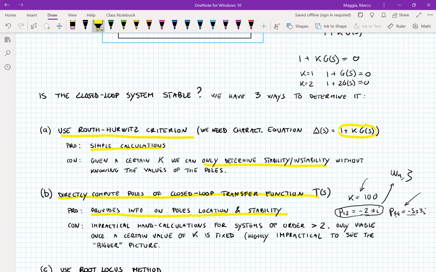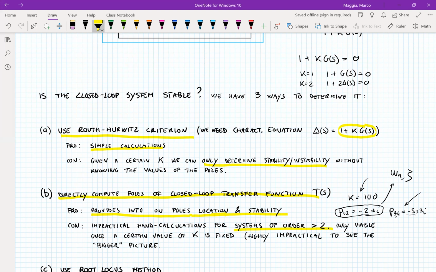And this is a big problem if you only have a pen and paper and you can only perform hand calculations. That becomes a problem, because for systems of order greater than 2, you would have to solve an equation of degree 3 or more.